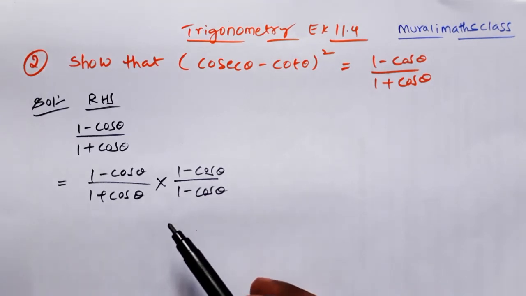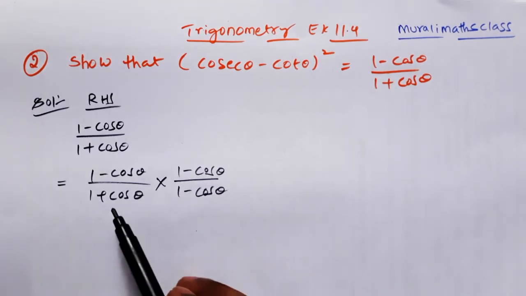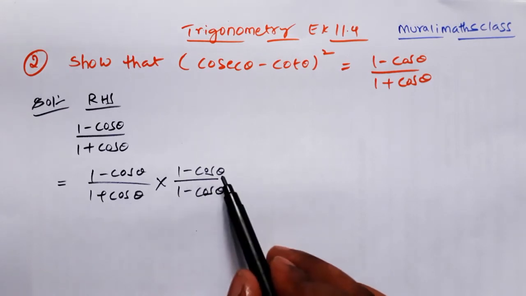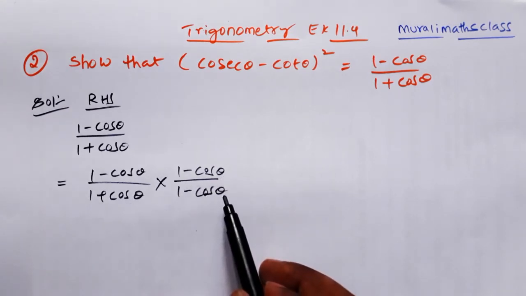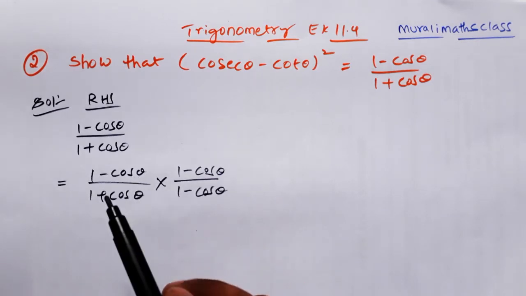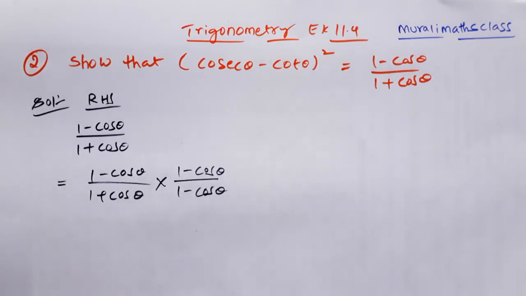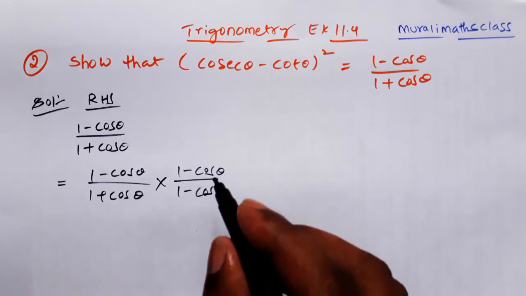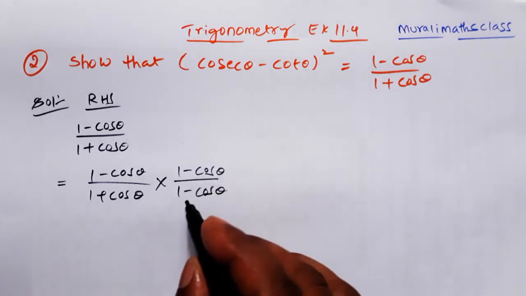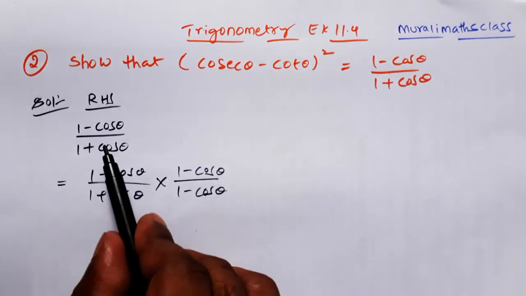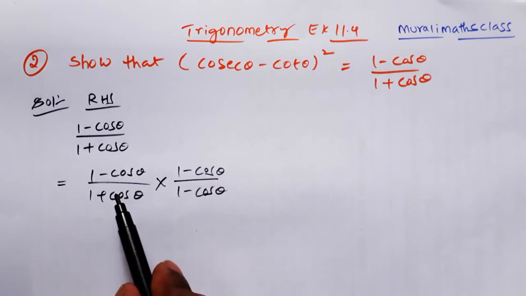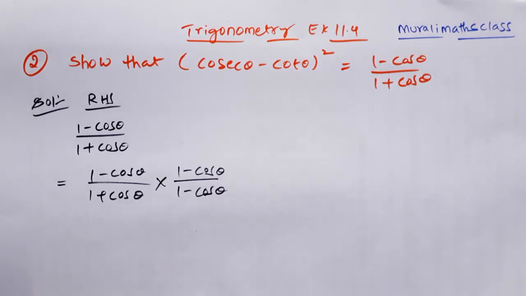This is very important step. So whatever we have in the denominator, that conjugate I am writing here, multiplying and dividing, not numerator, denominator. Okay, so see here, if you cancel this same one, you can cancel. Again you will get the same answer. That means you can write like this, nothing will happen.